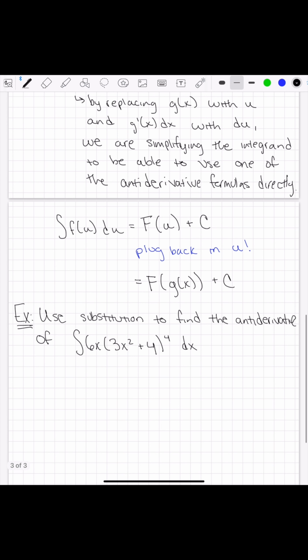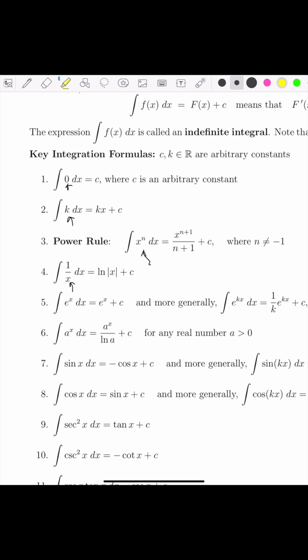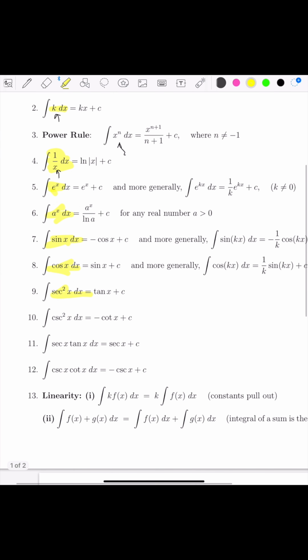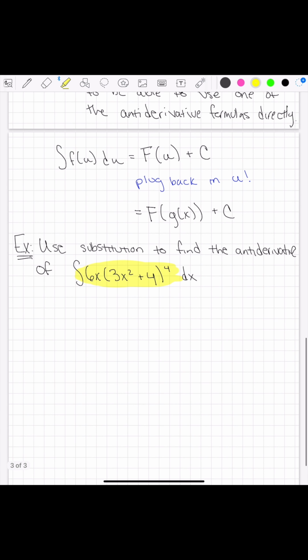If we look at our integrand, which remember is the function that we're trying to integrate or find the antiderivative of, this function does not match any of the functions here. None of these have that same formatting as the function that we just wrote. So we know we need to do U-substitution.